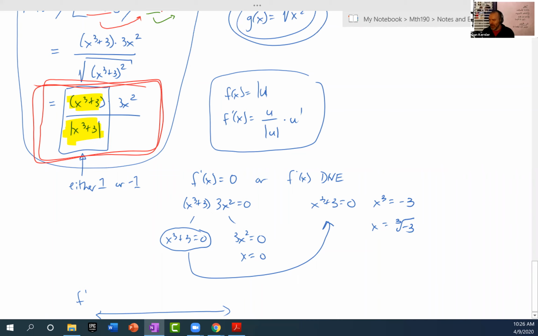Right, yeah, usually it would. So we started with the numerator and we said, well, we want to know when the derivative is 0. That's when the numerator is equal to 0. There's two factors there. So it could be x cubed plus 3 is equal to 0 or 3x squared is equal to 0. But then it's like, hold on. If x cubed plus 3 is 0, we're going to get 0 over 0.